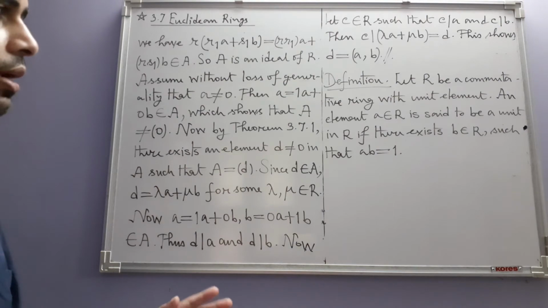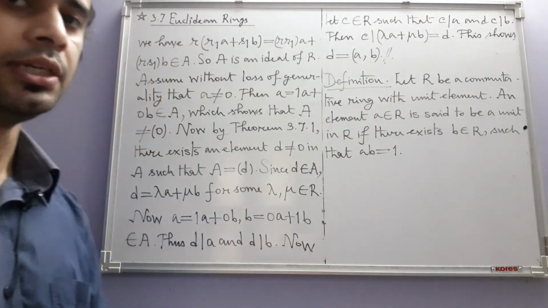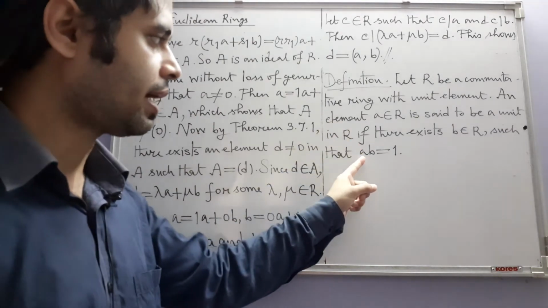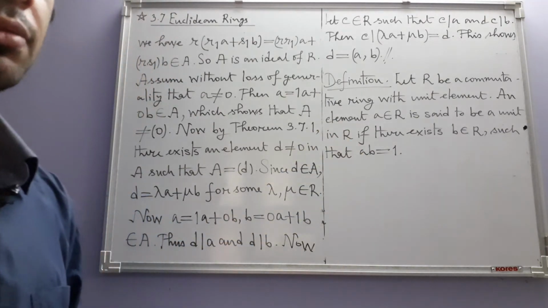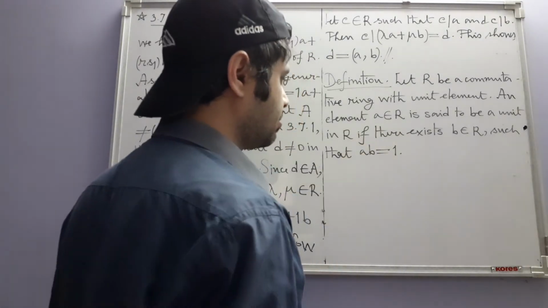That is, an element in R is said to be a unit if it has a multiplicative inverse. It has an inverse with respect to multiplication.